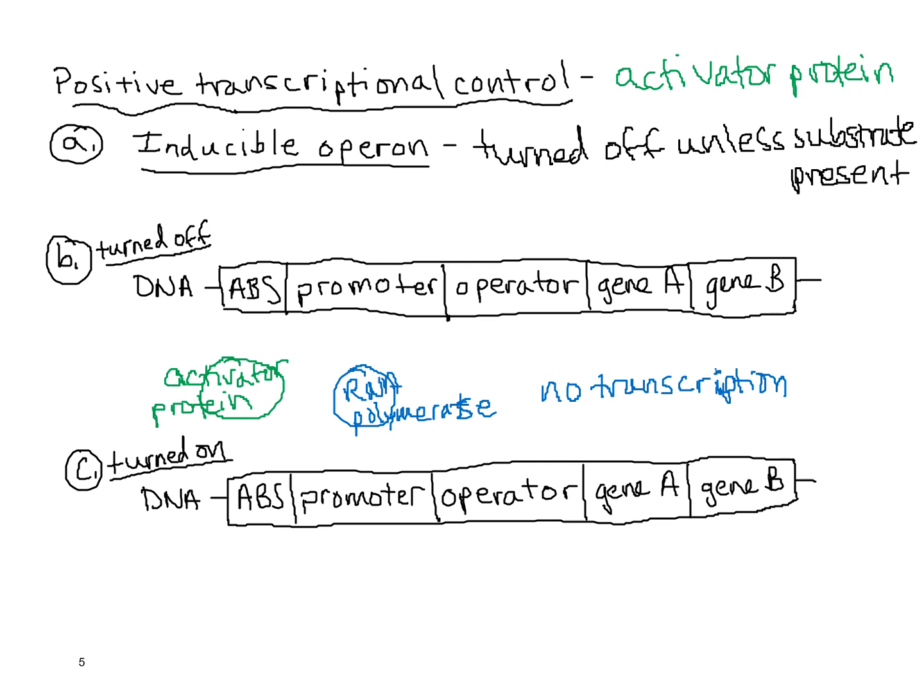Okay, and then the next question I would ask would be, how would we turn this inducible operon on? And we're going to turn this on if our substrate is present. So how would we get the activator protein to bind to the activator binding site?